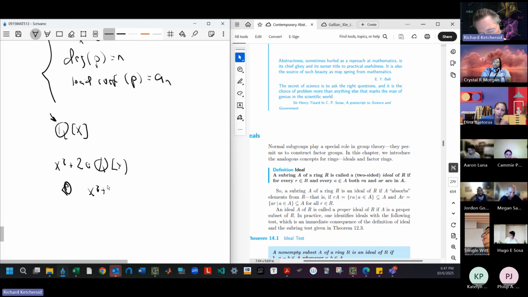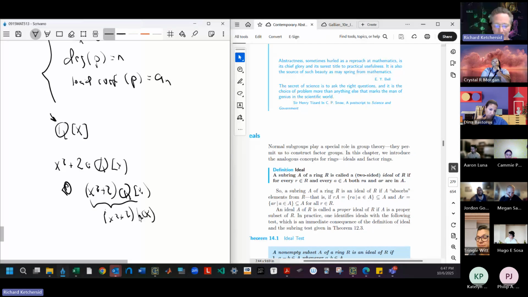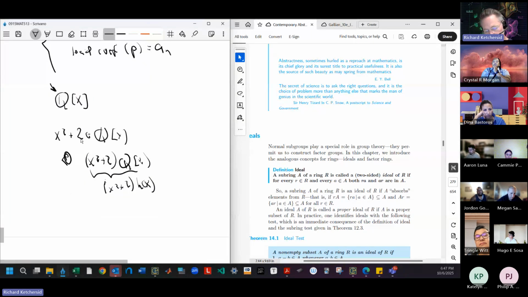So it's going to be x squared plus 2 times q of x. It's all of those polynomials that have a factor of x squared plus 2, so all things that look like x squared plus 2 times h of x for some h. It will turn out that this is the ideal generated by x squared plus 2.